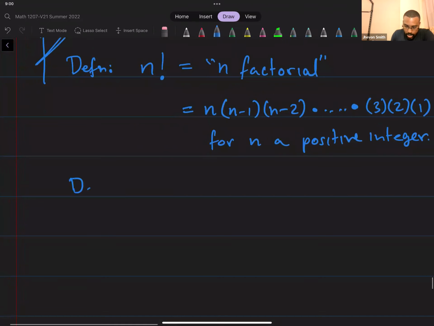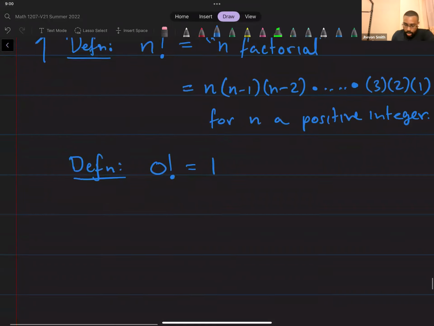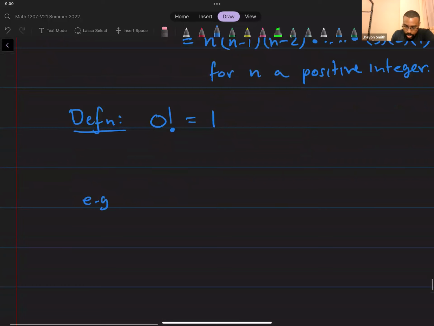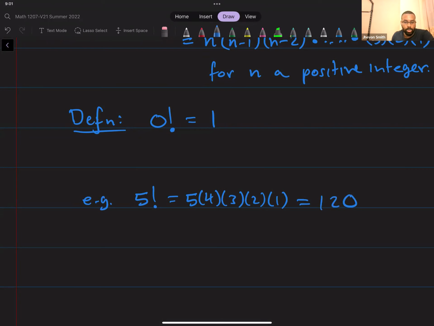And by definition, you might wonder what would happen if n equals 0. 0 factorial is also defined for us. We will define it to be 1. So an example here, if I write down 5 factorial, this just means 5 times 4 times 3 times 2 times 1, which is 120, for example.